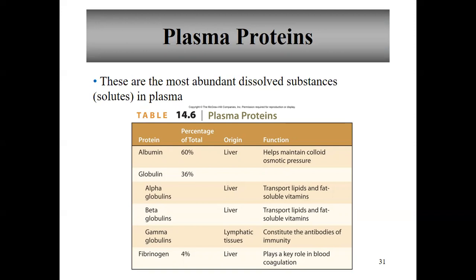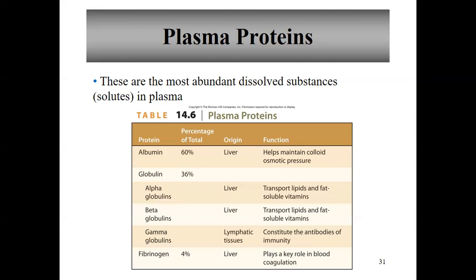Albumin is the most abundant of the proteins dissolved in your plasma, about 60% of the total plasma protein volume. Albumin is made in the liver. And one of the things that it does is help to maintain colloid osmotic pressure. So it helps maintain the pressure inside the blood vessels.